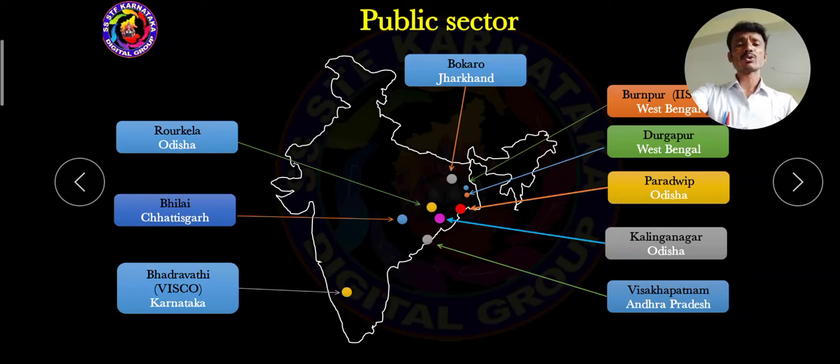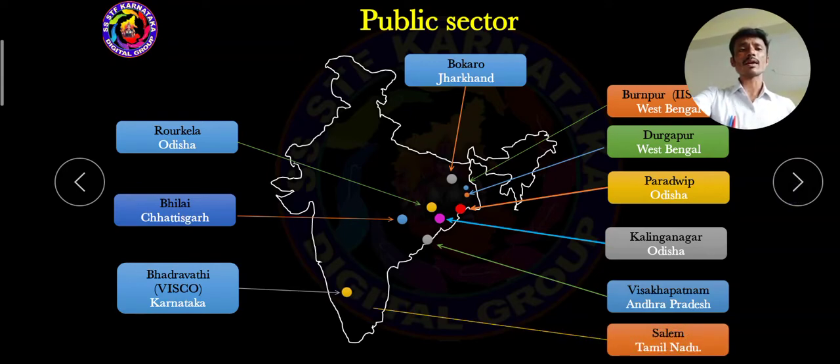Vishakhapatnam belongs to Andhra Pradesh. Then the last one is Salem, Tamil Nadu. These are the very important public sector iron and steel industries. There are 10 public sector and 4 private sector.